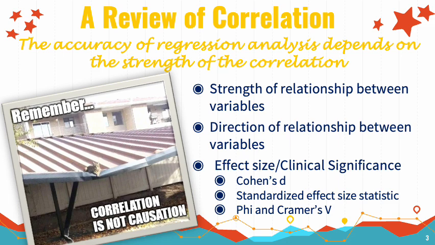And in our most recent lecture on non-parametric tests of association between and amongst groups, I introduced you to the measures of phi and Cramer's V. In summary, correlation analysis determines the existence and strength of the relationship between or among variables. The accuracy of regression analysis depends on the strength of the correlation.